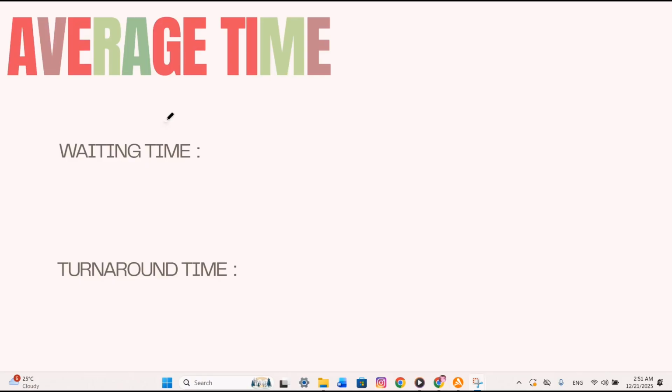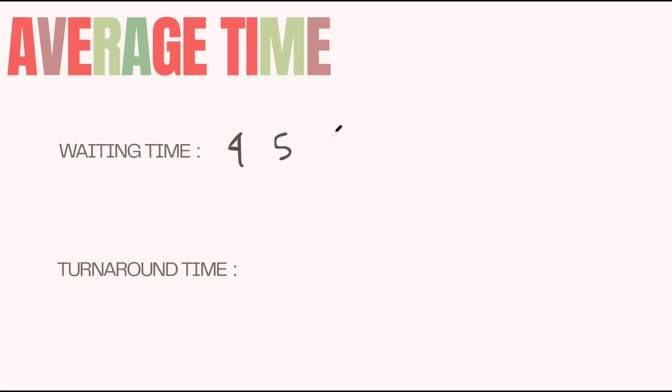So in this part, we're going to find the average waiting time and the average turnaround time. The first one is waiting time. We add the waiting times of all processes and divide by the total number of processes. In this example, the waiting times are 4, 5, and 4, and the total number of processes is 3.